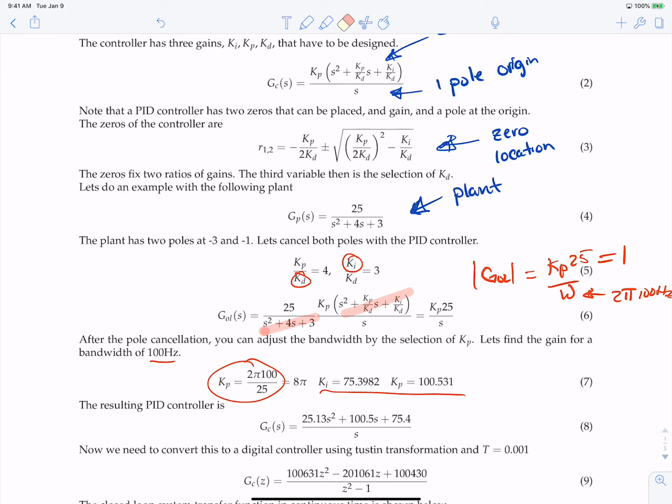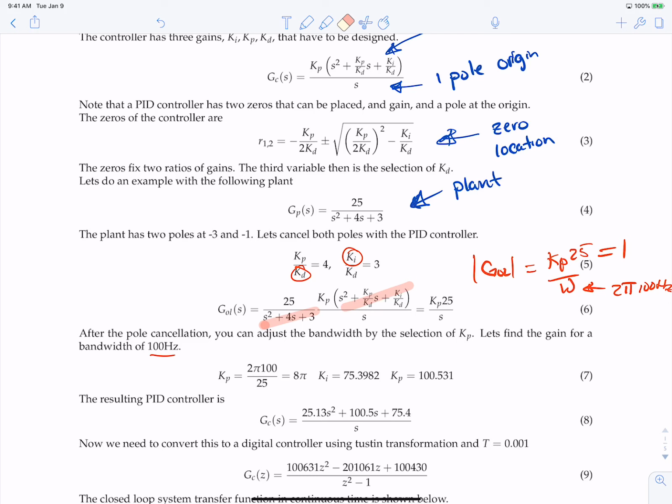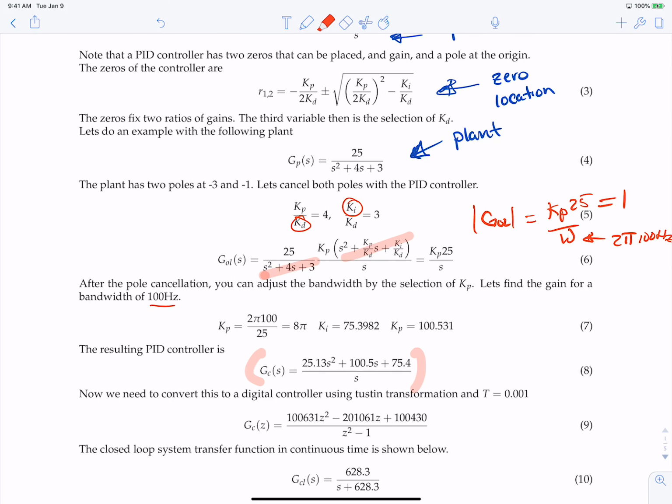And this is with a pole cancellation method. There are many ways to do it, but this is just one selection of the 3 variables for Kp, Ki, and Kd that will give us a controller. Now the resulting controller looks like equation 8 if you plug in those values for the 3 gains. What we're going to do is sample at 1 millisecond and convert this to a Z-domain, discrete time controller using the Tustin approximation.